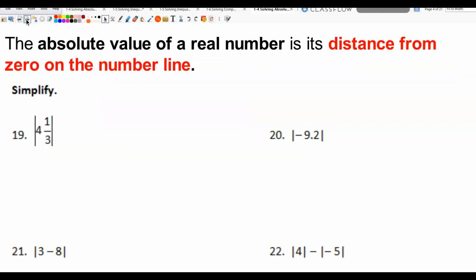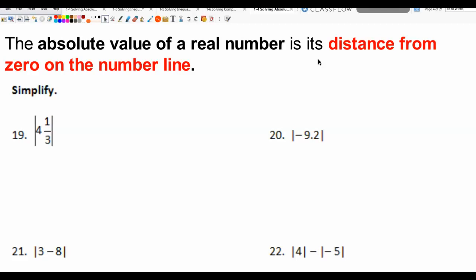The absolute value of a real number is considered its distance from 0 on the number line.